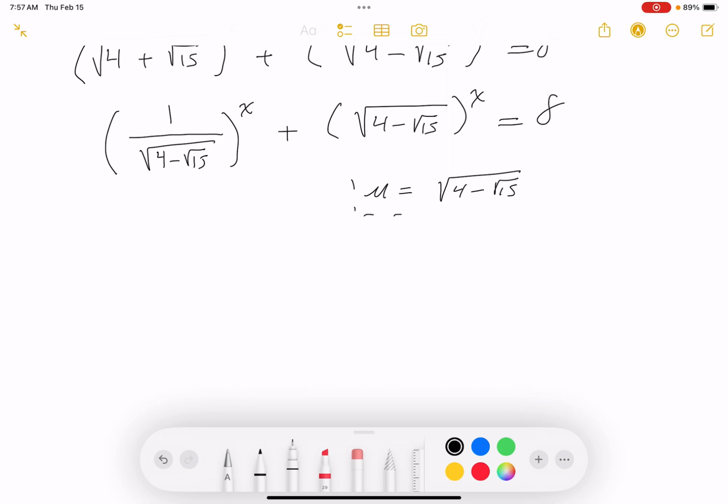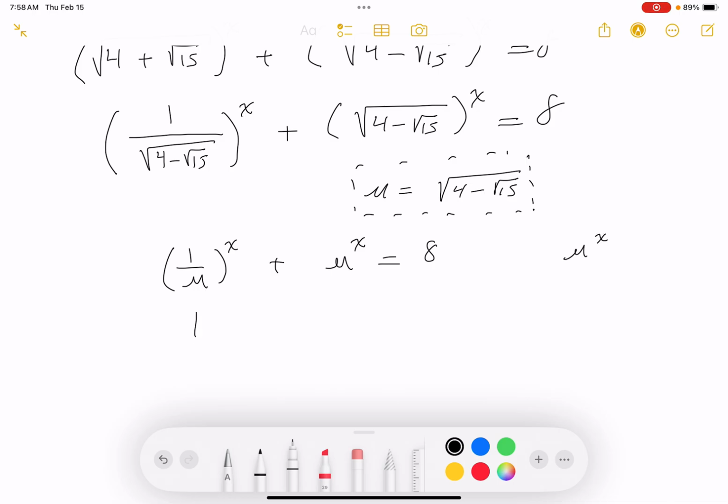By the way, this is something I got to keep in the back of my mind because I really don't want u. I'm just looking for an easy way to write this over here. So it's going to be 1 over u to the x power plus u to the x power is equal to 8. Now I want to get rid of the fraction, and I'm going to multiply both sides by u to the x power.